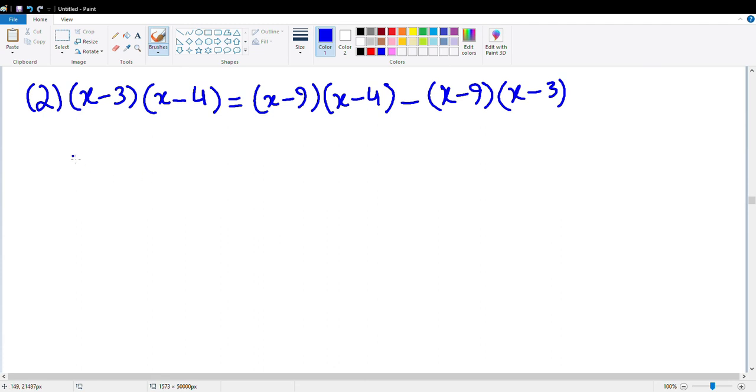And now, first, I'm just going to write 2 on the side, and we're going to open this. It's not really a formula, but we're just going to multiply. So x into x will get x squared. Then x into minus 4 will get minus 4x.